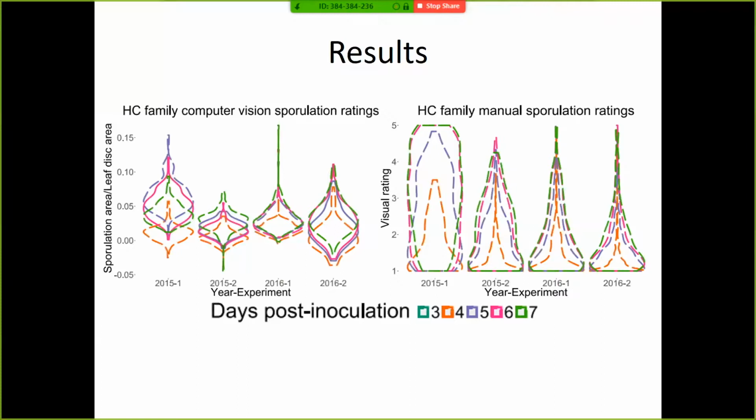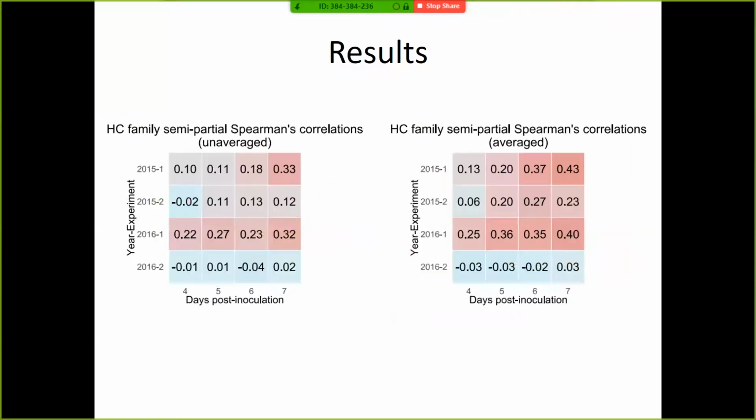However, the manual sporulation ratings are again skewed, or in the case of the first experiment, just uniformly distributed. Looking at the correlations, they were much lower. Averaging across genotypes helped increase the correlations a little bit, but not by a lot.